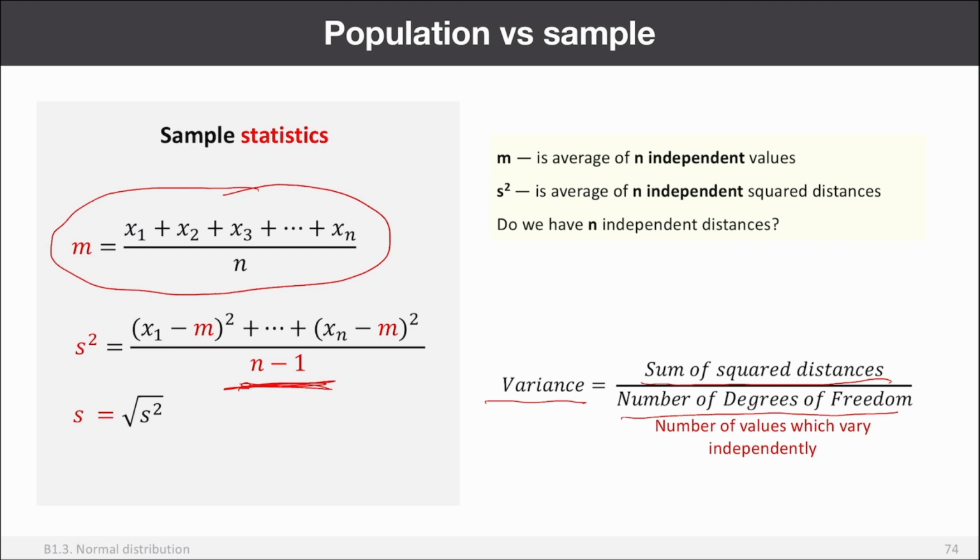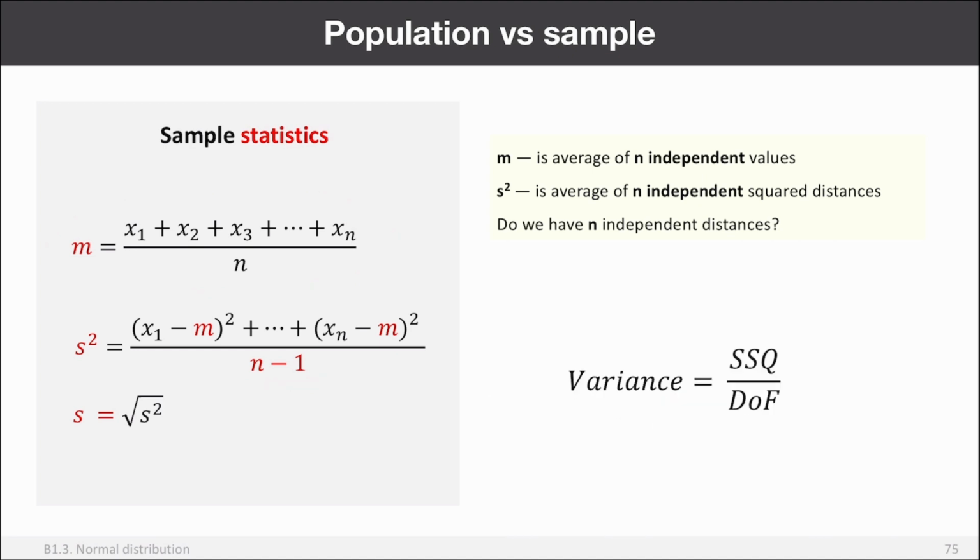What are degrees of freedom? Degrees of freedom is the number of values which vary independently. So it means that if you know, for example, 5 values, you cannot derive the value number 6 because they are independent of each other. They are not linked. So that's what we will call degrees of freedom. So in this case, when we compute variance, the number of independent distances is n minus 1. So the number of degrees of freedom when we compute variance is also n minus 1.